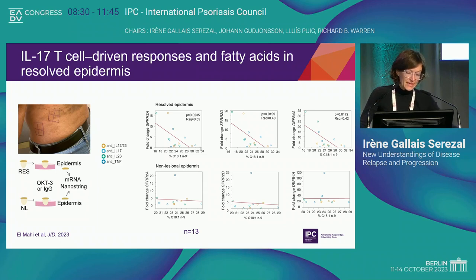So the more oleic acid you had on the skin, the milder the upregulation of these factors was, showing that there is some kind of interconnection again between the lipids on the surface and the function of T cells in the epidermis.